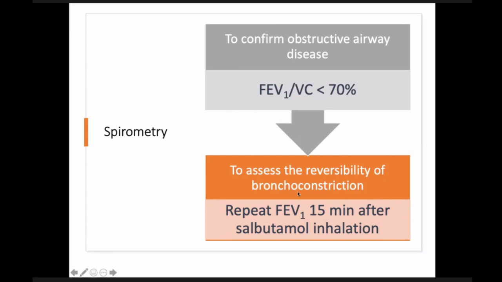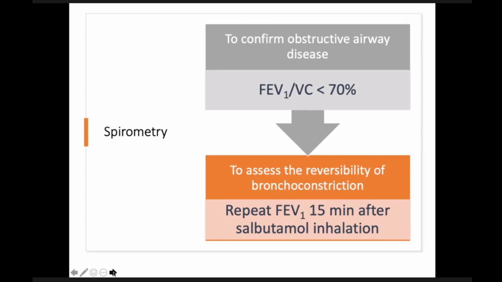To assess the reversibility, what we do is we give a bronchodilator. We've had a pharmacology lecture, so you know some examples of bronchodilator medication. One example is salbutamol. You give a salbutamol inhalation and you recheck the FEV1 to see whether there is an improvement in the FEV1.